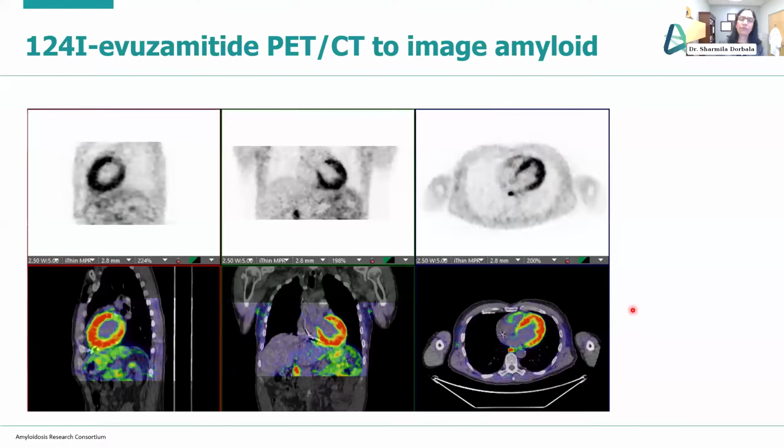How is this helpful in clinical practice? This is currently investigational and hopefully will soon go into a phase 3 clinical trial. This is going to advance the field a lot because we are not waiting until advanced disease manifestations. What I mean by that is you would not send someone for heart biopsy to exclude amyloidosis to find a negative result because it's an invasive test.